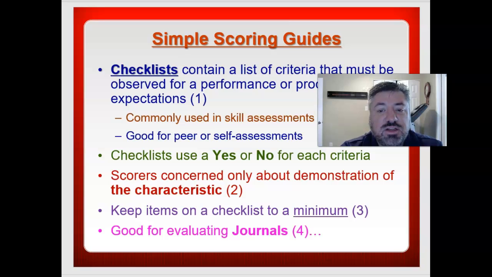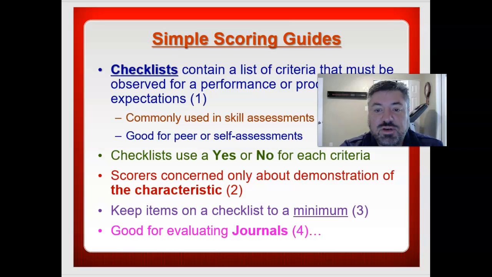So remember, checklists don't really assign a score. You might score, if you have 5 components, each one's worth 1, so you know 4 out of 5 were correct. But it's just a yes or no, it's not a degree, right? So the scores are only concerned about demonstration of the characteristic. Remember, it's about the performance or part, not necessarily the results. So think about that.